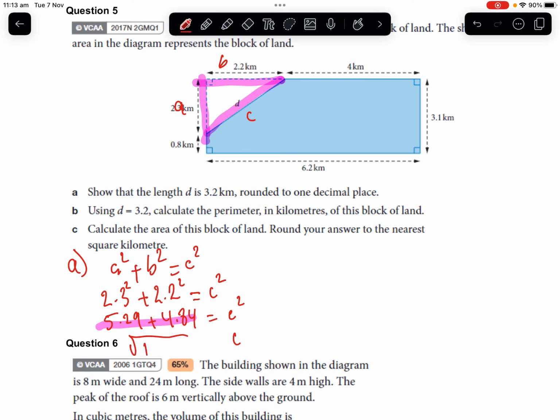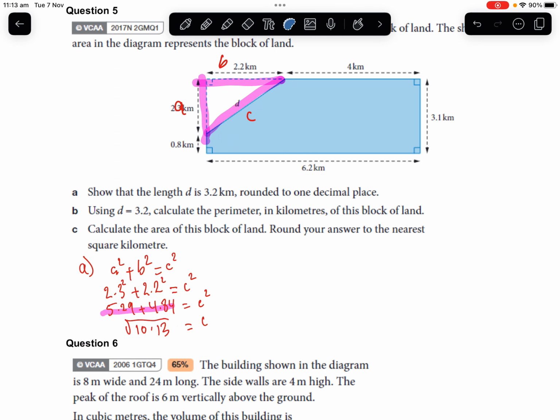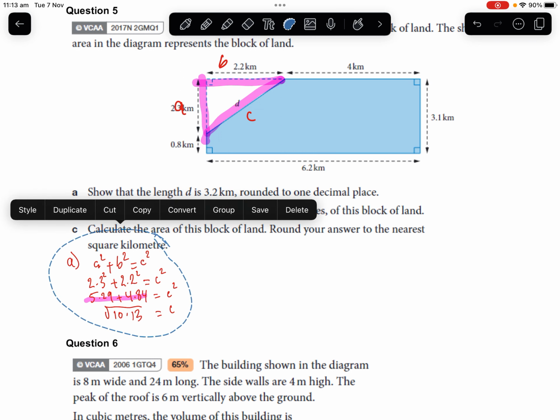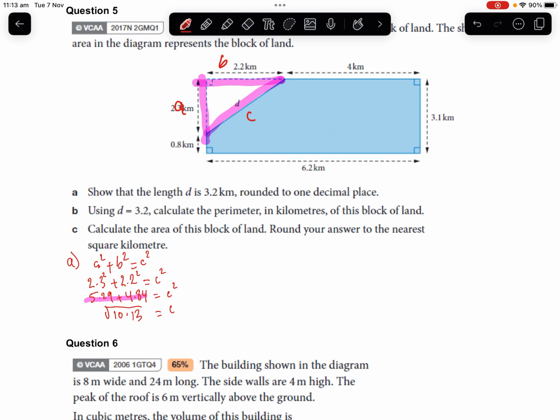So that's equal to 10.13. That means that C is equal to 3.2 whenever we round it off to 1 decimal place. So 1 decimal place right there.